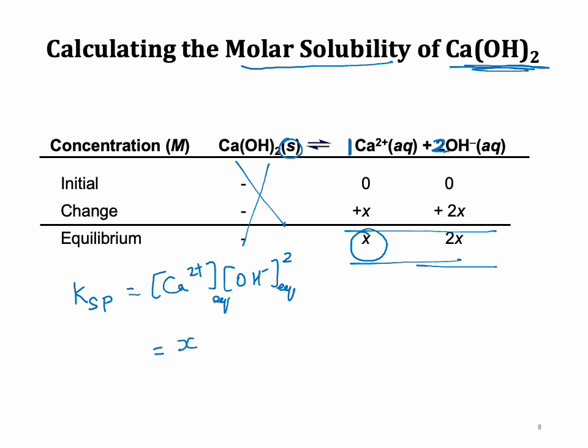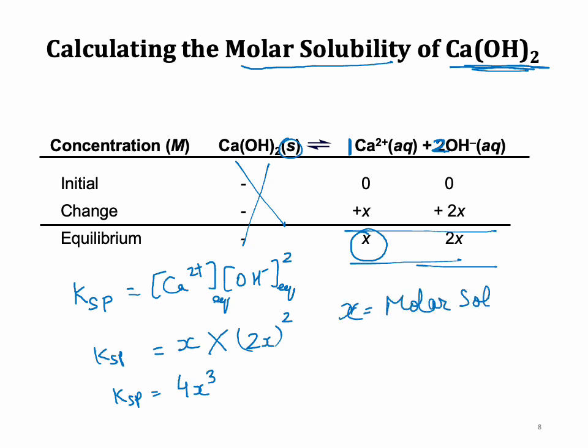So Ksp is going to be x times 2x for hydroxide, but squared, which means I can say that Ksp is equal to x times 4x squared, which gives us 4x cubed. This x right here is the molar solubility of calcium hydroxide.